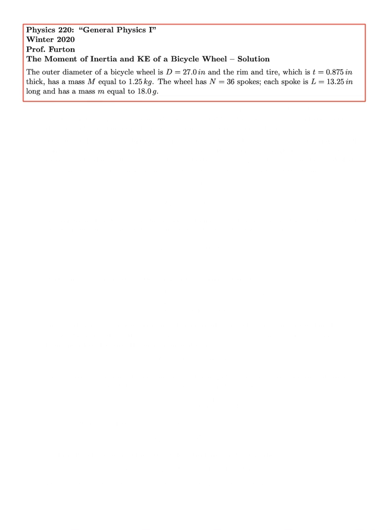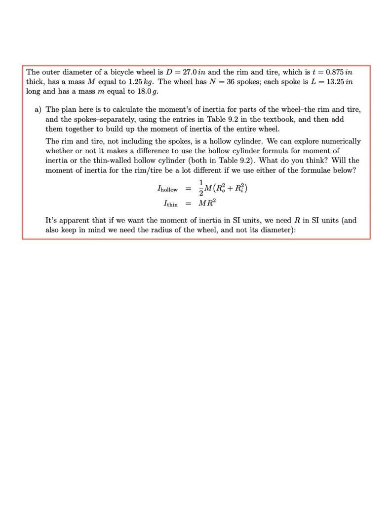Here's our plan of attack. We're going to build up the moment of inertia of the wheel and the spokes using the formulas that appear in table 9.2 in your textbook. That has various formulas for the moments of inertia of various shapes. The ones we're interested in here are the one for the hollow cylinder which has a very narrow wall and the other one that has a slightly thicker wall.